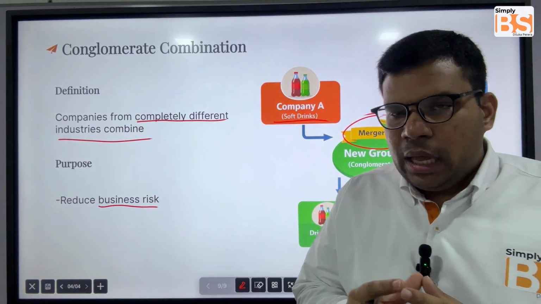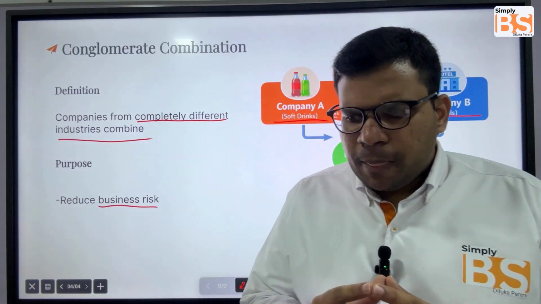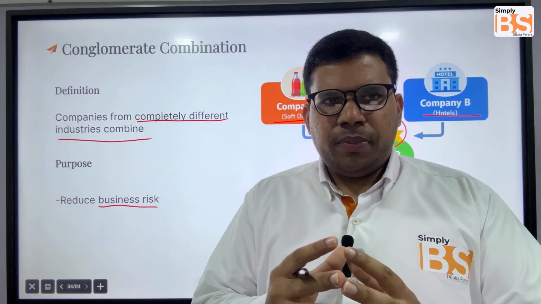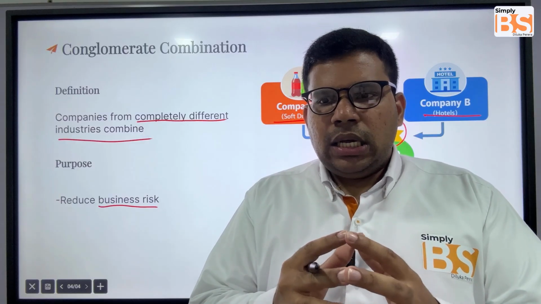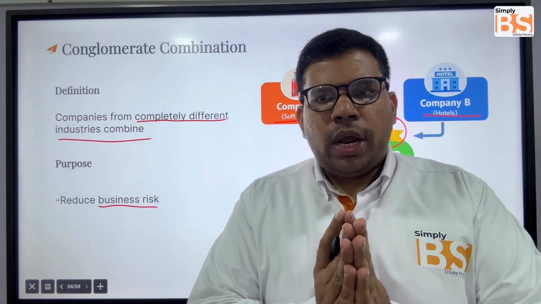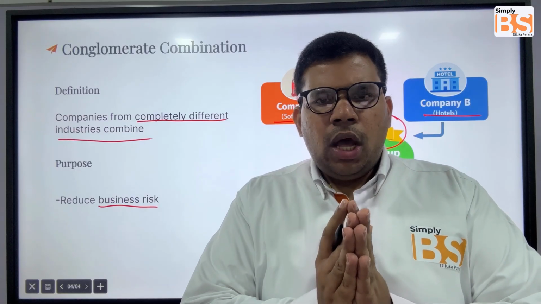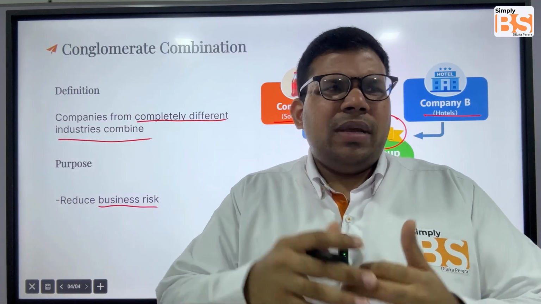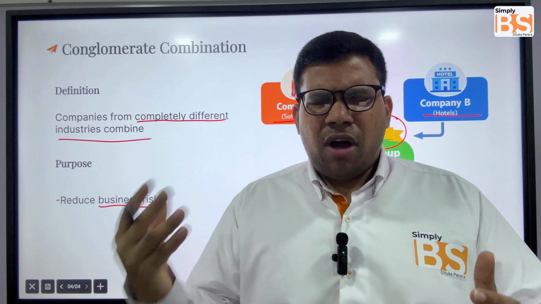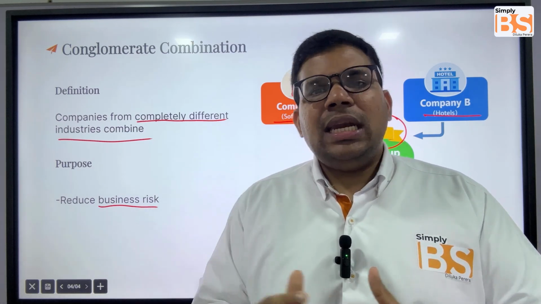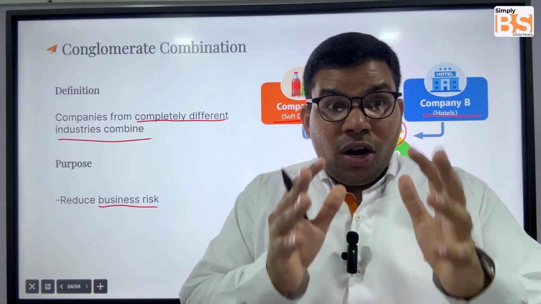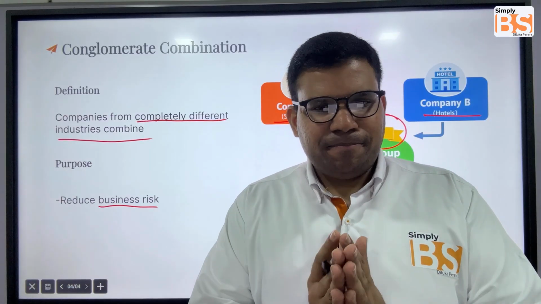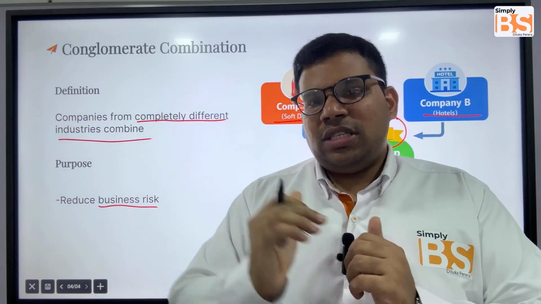Let's say you put all of your investments into one particular industry, in a company. What if that company fails due to certain conditions, could be business conditions, environmental, whatever the reason? Then all of your money is stuck in that industry and will go down the drain. Then there's a huge business risk.